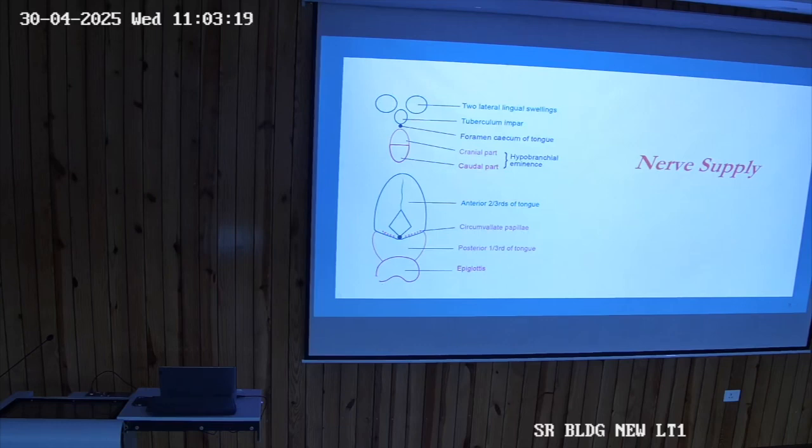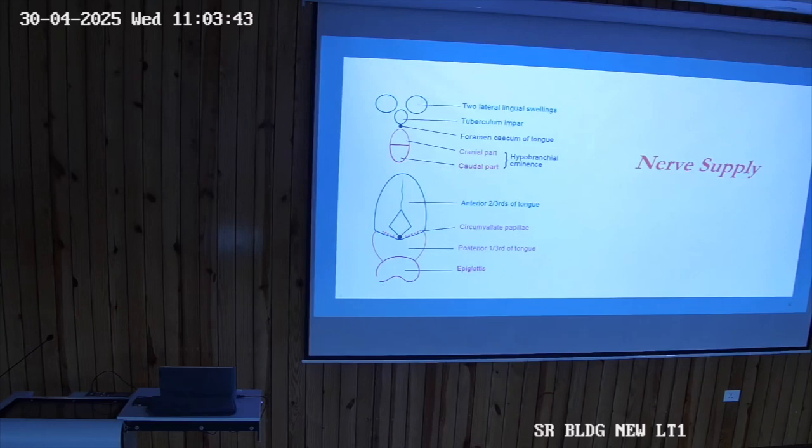the chorda tympani. These are located... what are we talking about? You know the dorsum of the tongue, the anterior two-third part of the tongue, has numerous papillae and taste buds. So all of these taste buds are supplied by chorda tympani. Okay, these are in the anterior two-third. Now these 8 to 10 papillae which are present in the posterior one-third part of the tongue are the large circumvallate papillae. Nerve supply of the posterior one-third is glossopharyngeal.